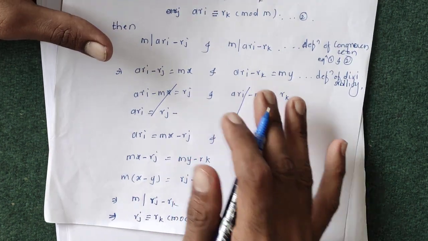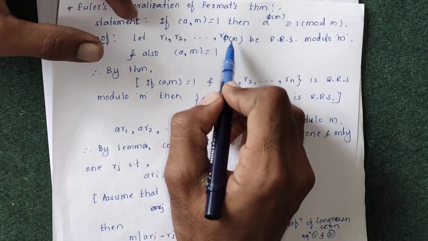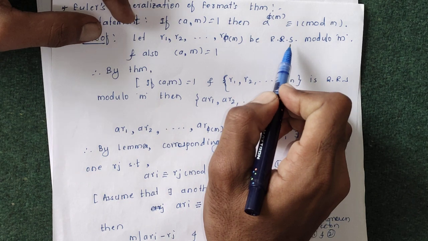This gives us a contradiction to R1, R2 up to Rφ(m) being a reduced residue system.